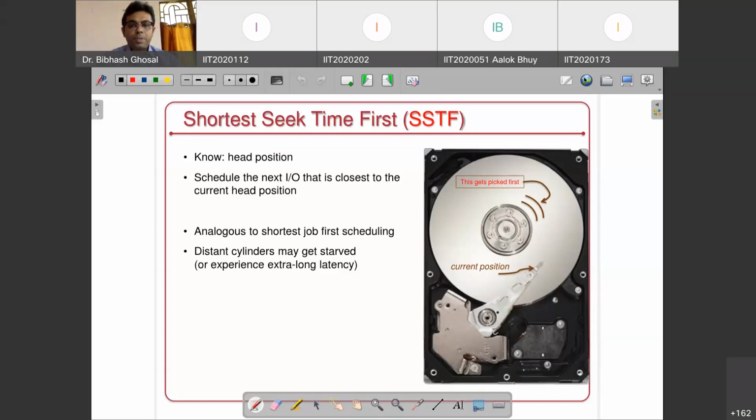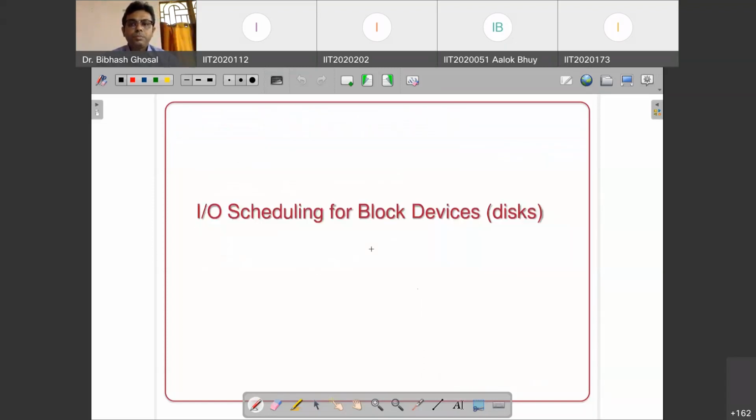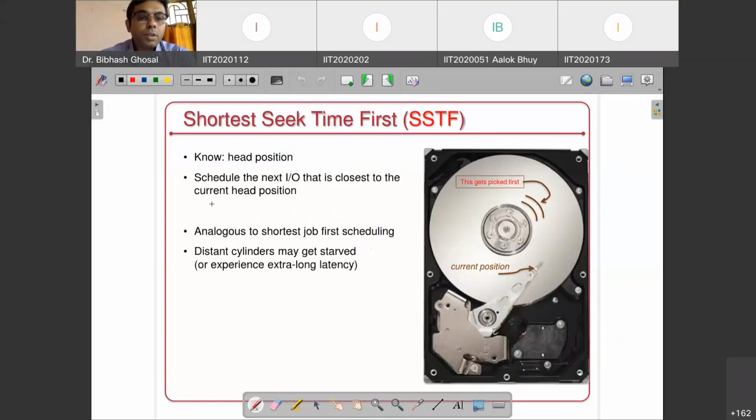Is the picture visible to all of you? Yes. So this is the hard disk, which is a permanent storage that stores your data in the form of magnetic dots, and we call them block level devices.